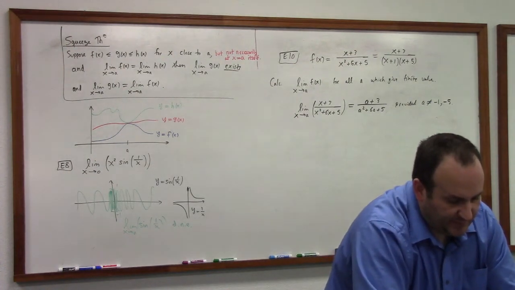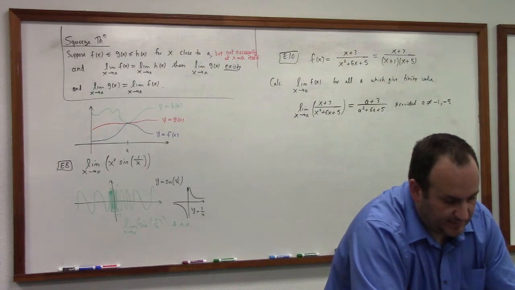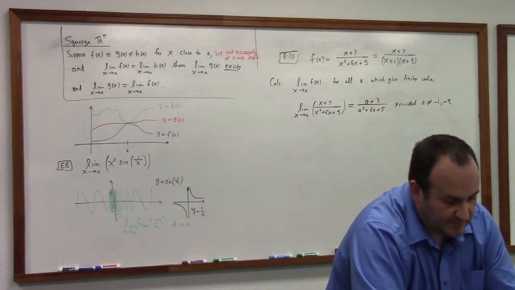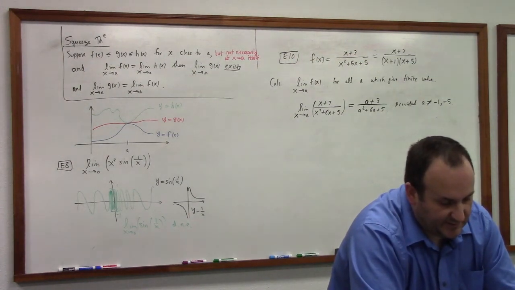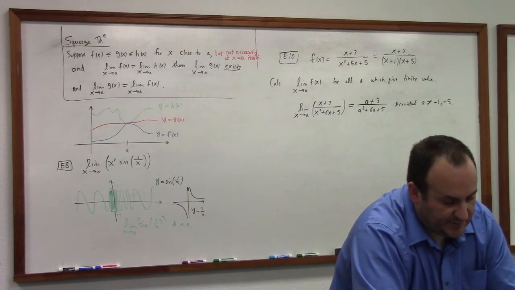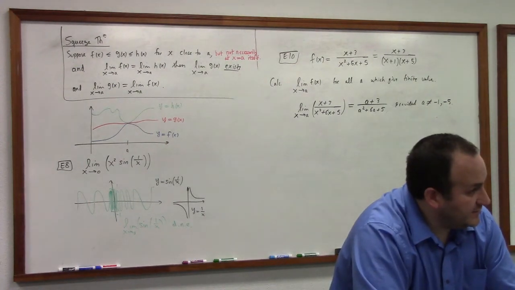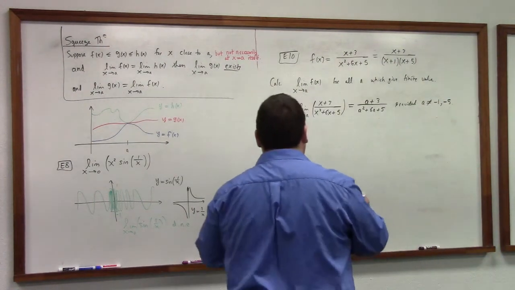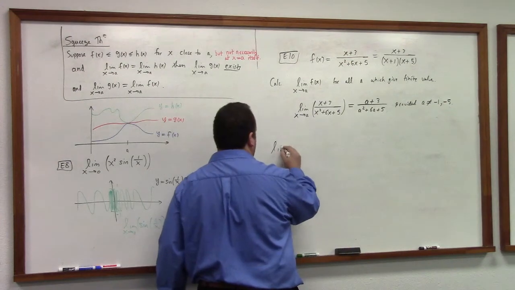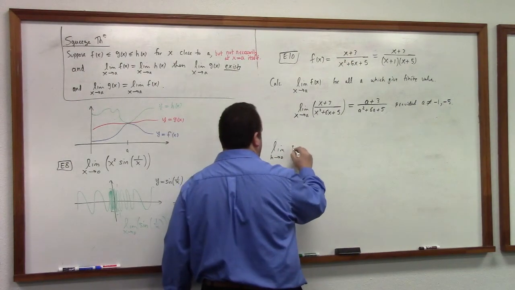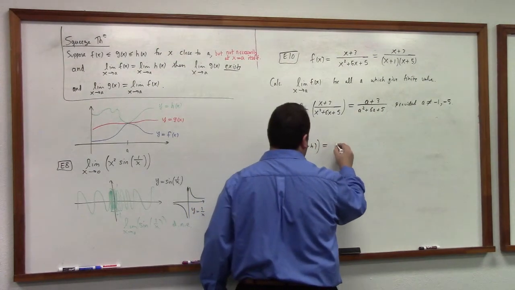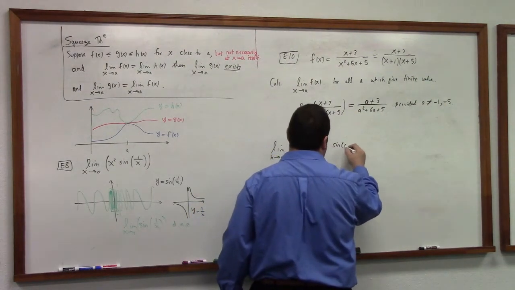And then problem 35, I'm asking you to prove that the limit as h goes to 0 of cosine of a plus h is equal to cosine of a. It mirrors what I did Wednesday for sine. On Wednesday, I proved that the limit as h goes to 0 of sine of a plus h was equal to the sine of a, right?